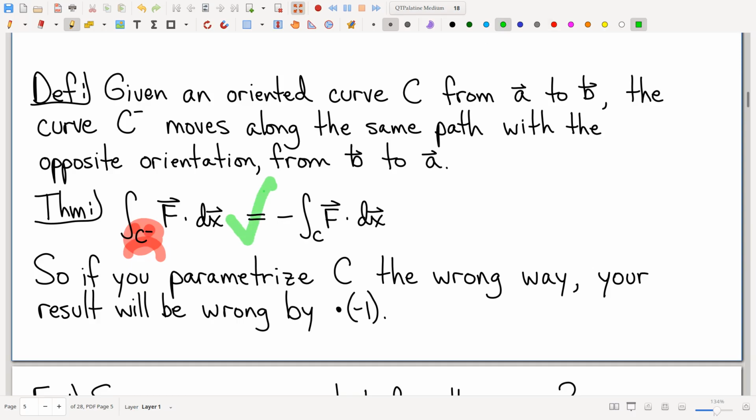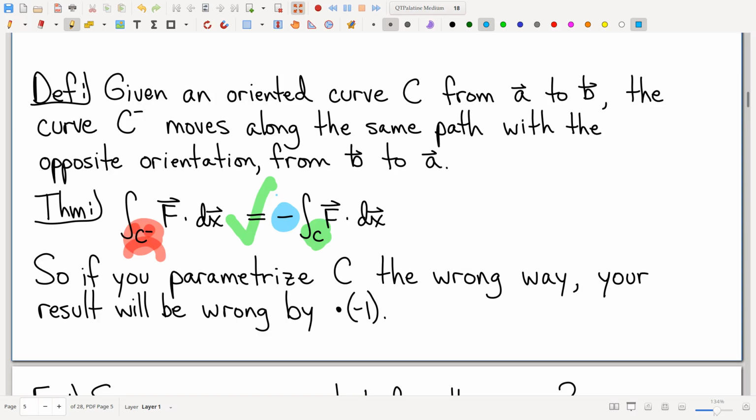You can compute that by orienting the more convenient direction. In other words, feel free to just flip the orientation at the low cost of having to insert a minus sign on your answer. So this is both a documentation of how you can mess up and also instructions on how to change a harder problem into an easier problem. And that's a really nice point of view when you're actually plugging and chugging.